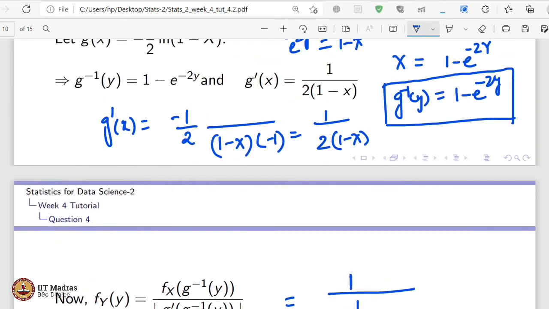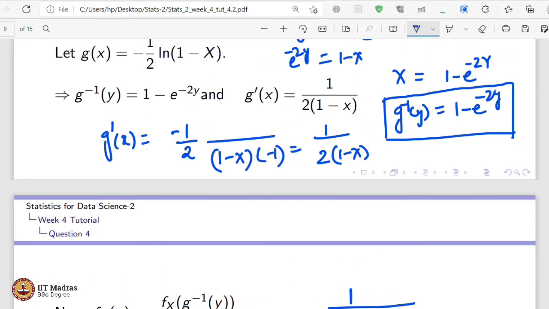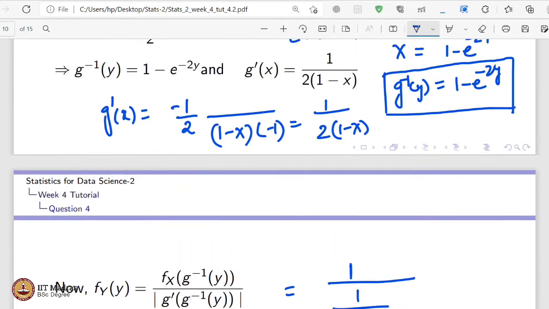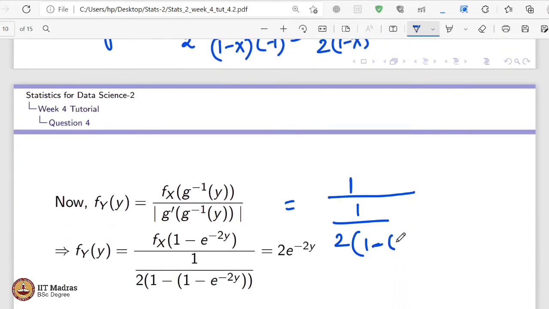What is that g inverse of y? g inverse of y is 1 minus e to the power minus 2y. That we have to put. So after calculation, 1 minus 1 will get cancelled, plus 1. So the 2 will go in the numerator and the minus minus plus will be remaining.